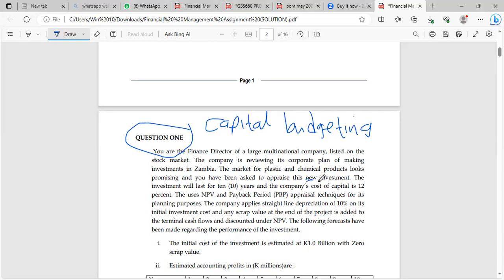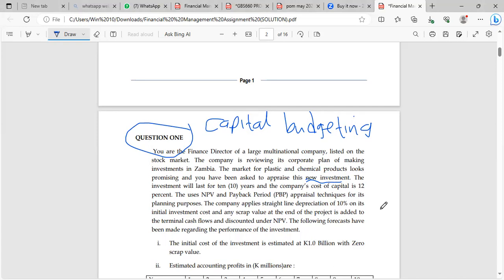So this one is also called the investment appraisal technique. The investment will last for 10 years and the company cost of capital is 12%. The company uses the NPV and Payback Period appraisal techniques for its planning purposes.